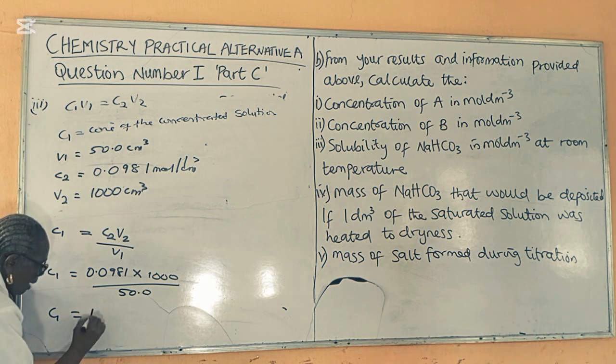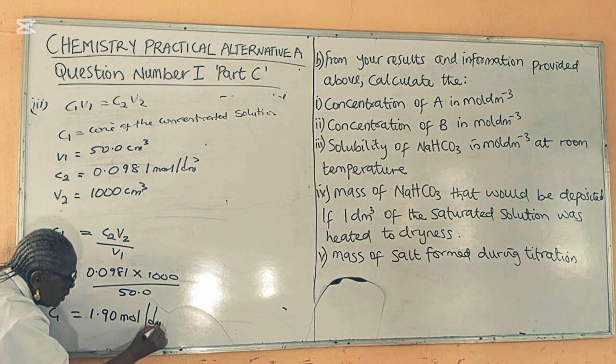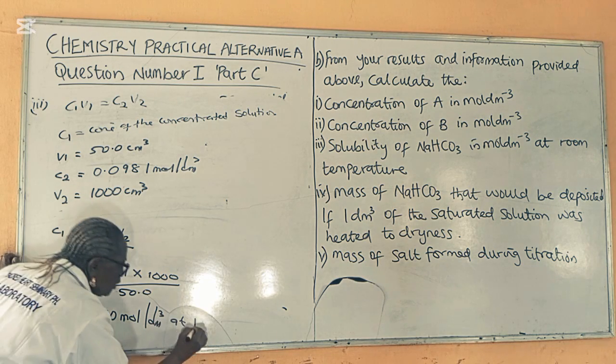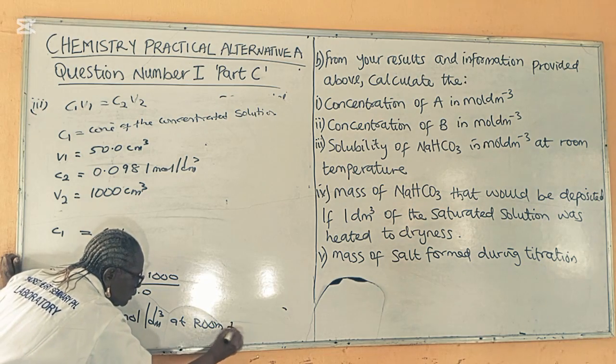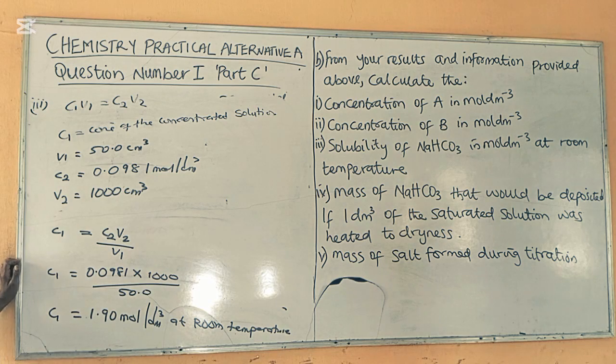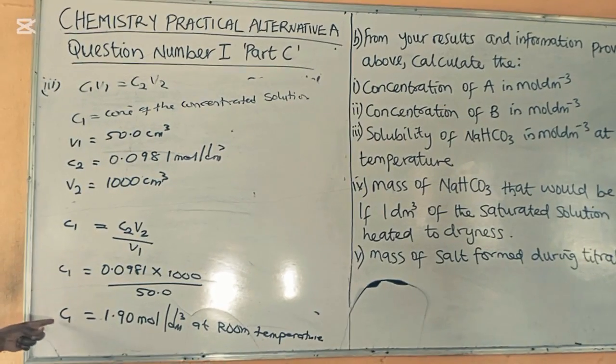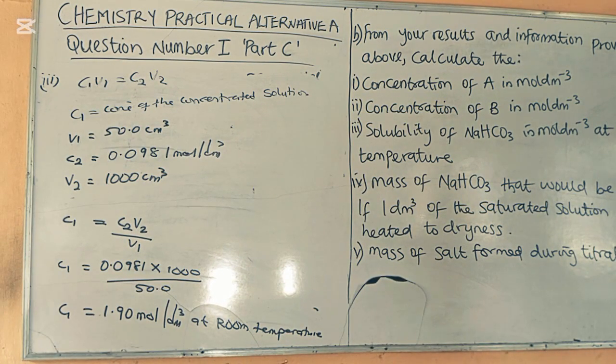And your C1 is 4.90 mole per dm³ at room temperature. It goes with temperature. That's why it is called solubility, and that's what makes it different from concentration. Solubility is the maximum amount of the solid that can saturate 1 dm³ of the solvent at that given temperature. So this is solubility, which is our original concentration. Remember, it is a saturated solution.